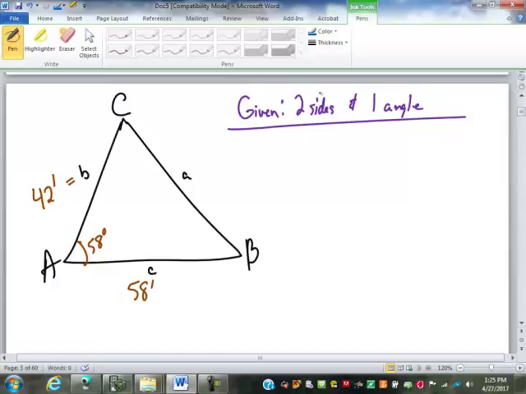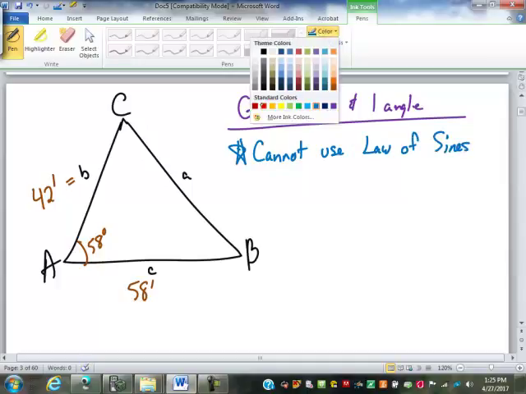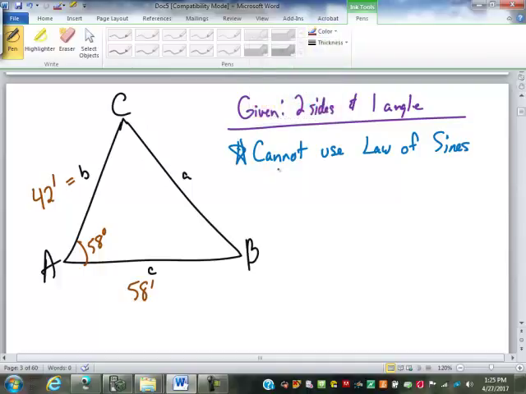We do not. Does that mean we're dead in the water? Probably not. In this case, can we find any of the other angles? No, we cannot. We cannot use law of sines. Fortunately, we can use law of cosines.